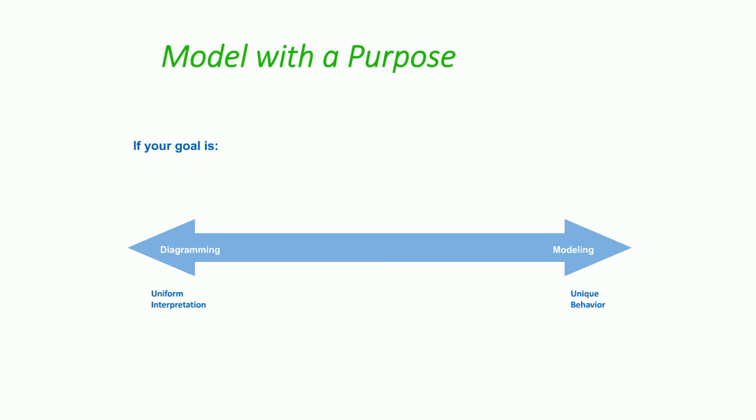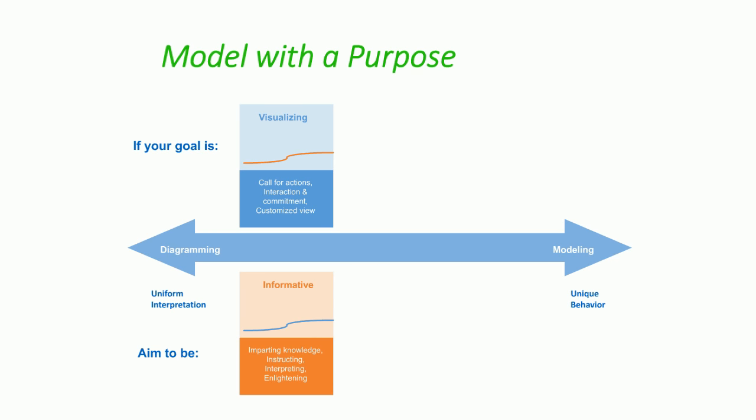And as you do so, if your goal is to be visualizing how things get done, then you may want to be more descriptive or more informative about the way you capture your model. So your model will be more about picking up the information and making sure you have a clear communication.